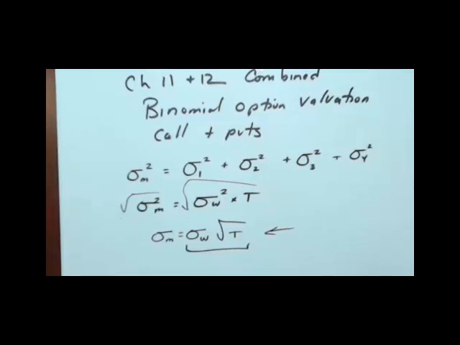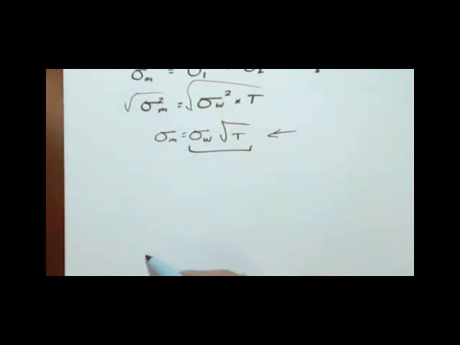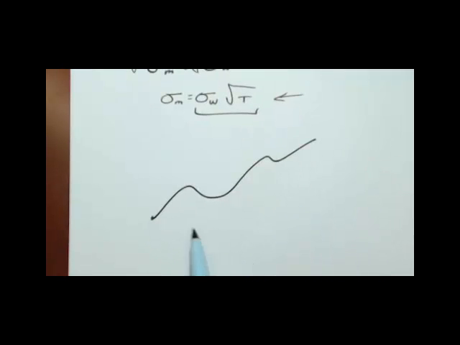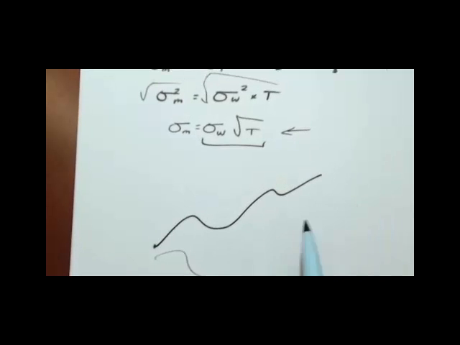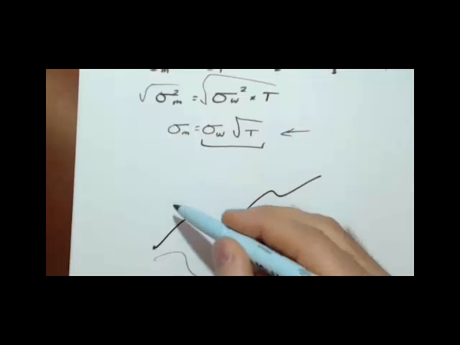And so really what we're saying is, graphically, when you have a volatile stock price, it'll wiggle up or it'll wiggle down like this. But what will happen is that volatility will compound. So if you take a small period here and you calculate the volatility, deviations from the mean, you'll get some volatility in there.